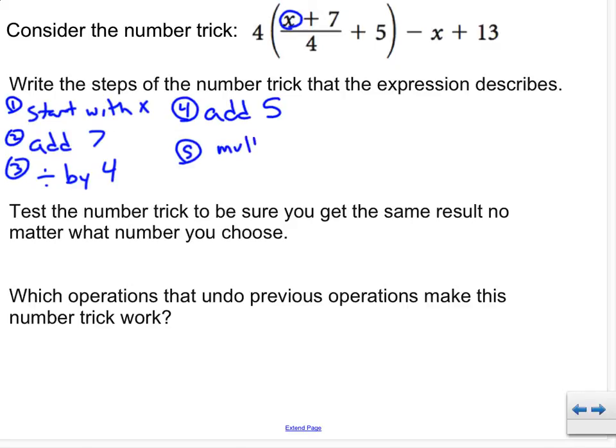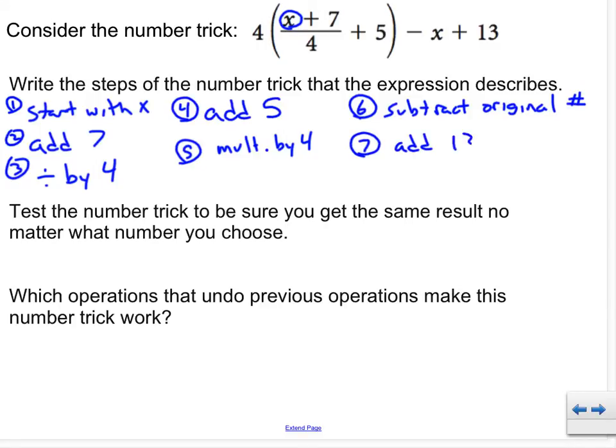We multiply it by 4. And that takes care of the entire expression, including the parentheses and the 4 on the outside. After that, we need to go left to right. So we're going to subtract the original number, that number that we started with, whatever we chose. And then we're going to add 13.